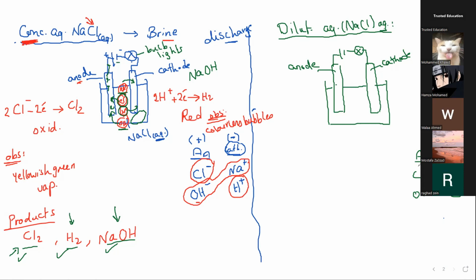At the anode لقيت diluted، يبقى ده معناه very small amount of chloride، يبقى الهيدروكسيد هو اللي will be discharged، وهو ده الفرق ما بينهم. يبقى تاني لو concentrated يبقى الهالايد هو اللي بيتdischarged، انما if it's diluted هيبقى الهيدروكسيد is the one that will be discharged.